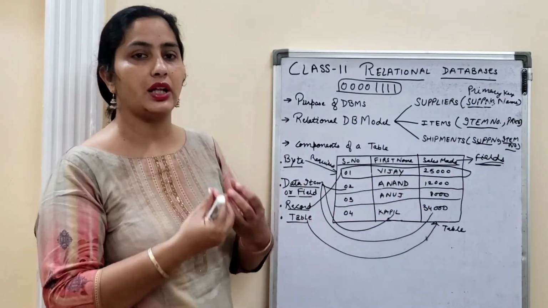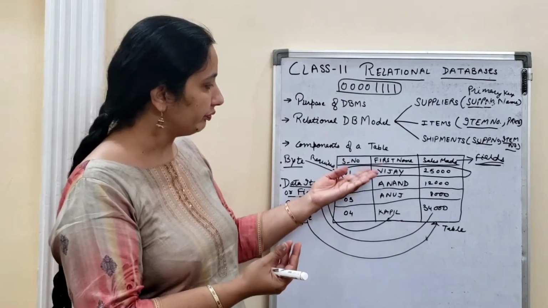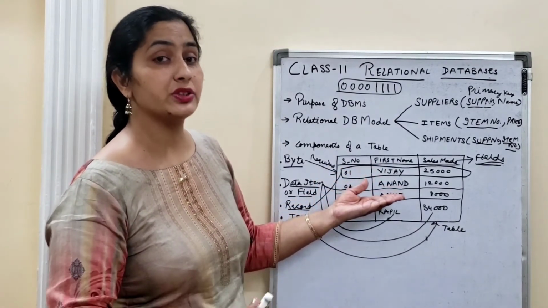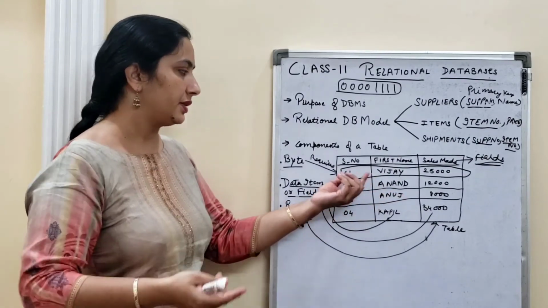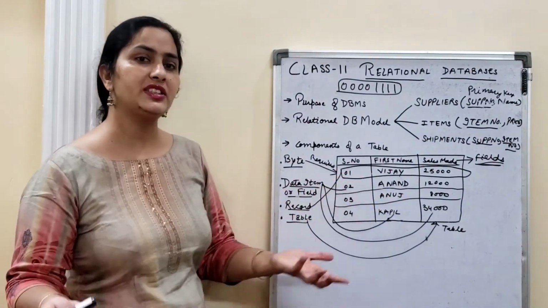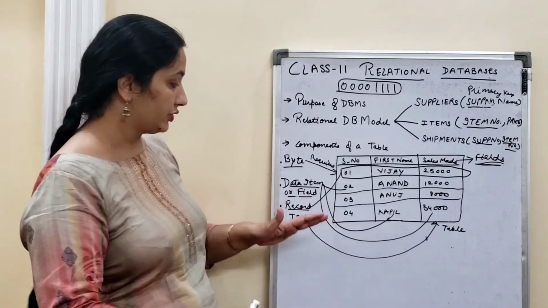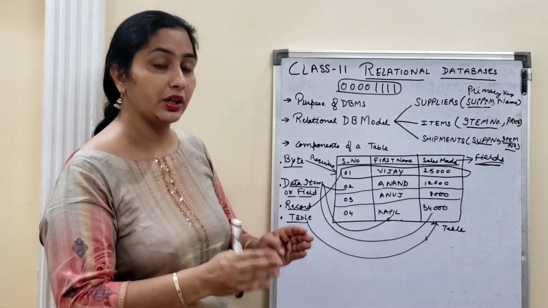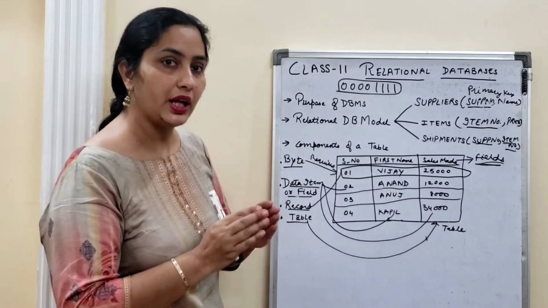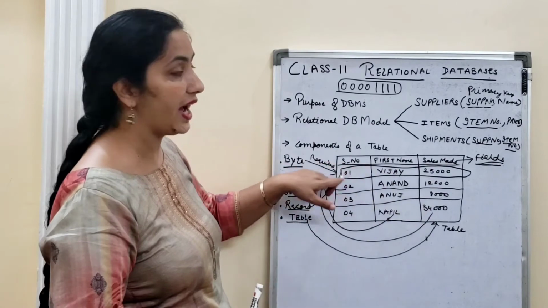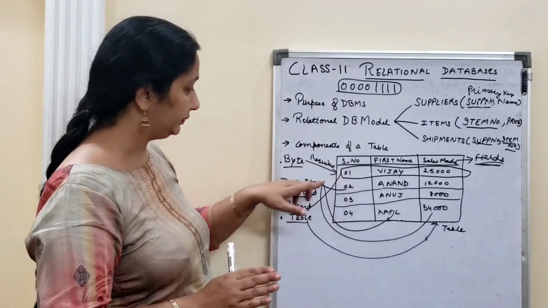If I randomly take any name, you cannot tell me who it is and for what purpose I need the information. Similarly, if I ask about 1, what is that 1? What is to be done with that 1? That is incomplete information. So if you want a complete record or complete information regarding anyone, that would be considered a record.